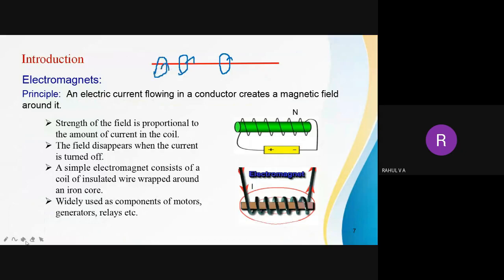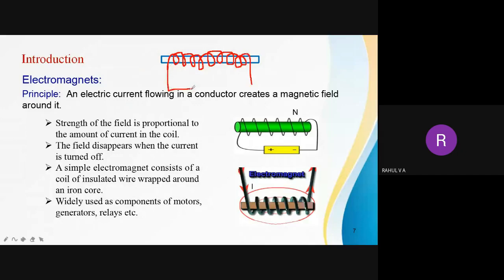So what I am doing is taking a core made of some kind of insulated material, and on that I will be winding these conductors like this. And we have also seen that current should flow.